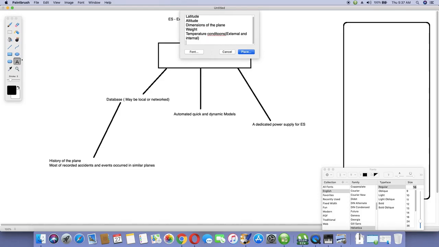And you know that there are other environmental conditions. They are monitored on the airplane, and usually they are monitored by a system.